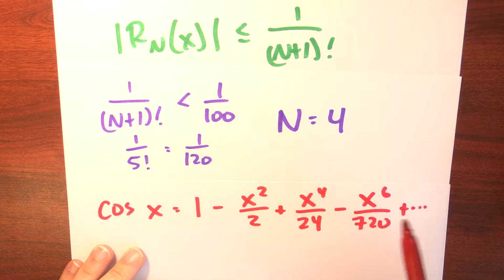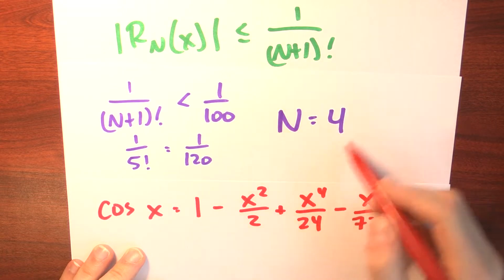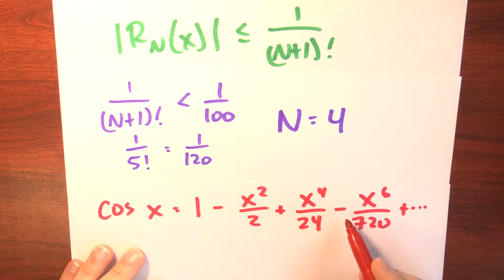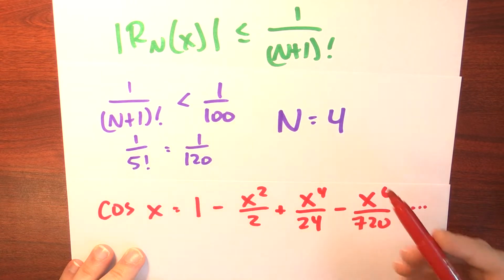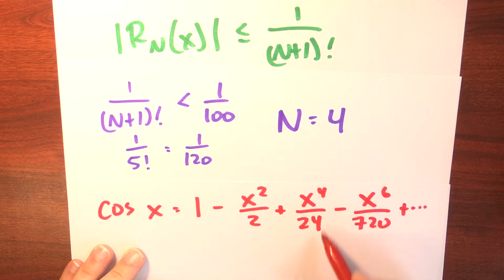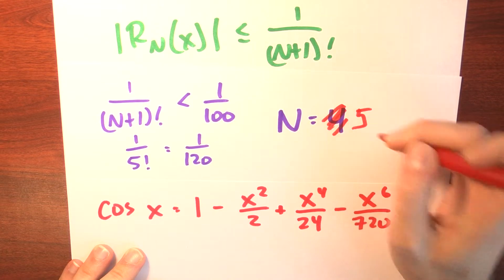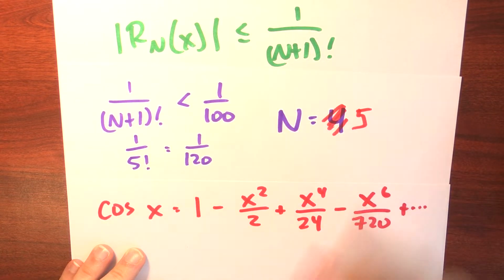Well, it means that if I'm going to sum through the x to the 4th term, if I'm going to set big N equal 4, I might as well set big N equal 5, because that will improve the error bound, but it doesn't actually affect the Taylor series at all because there is no x to the 5th term. So let's just make this n equals 5, and that's going to improve my error estimate somewhat for free. Let's summarize what we've found.